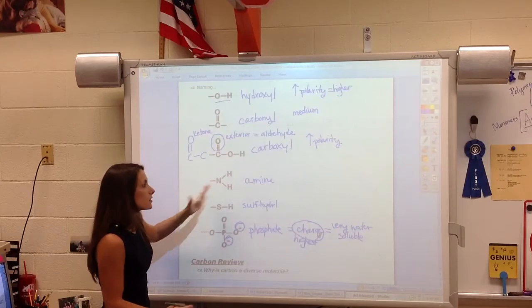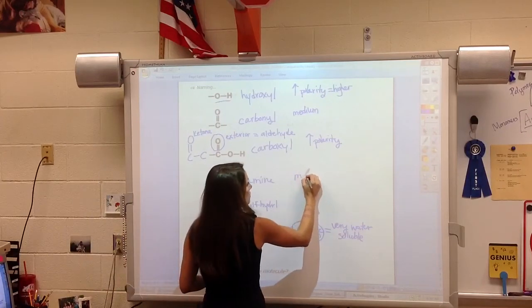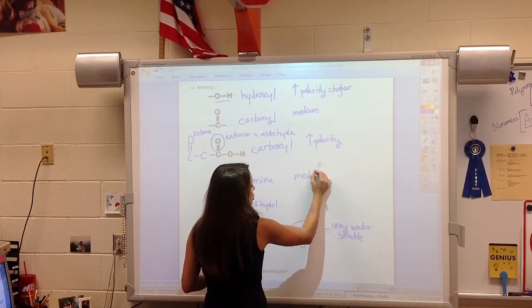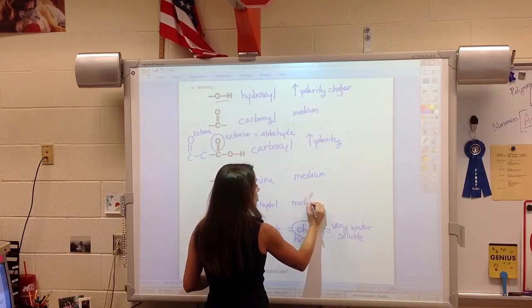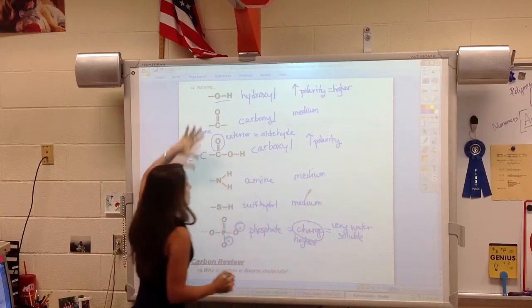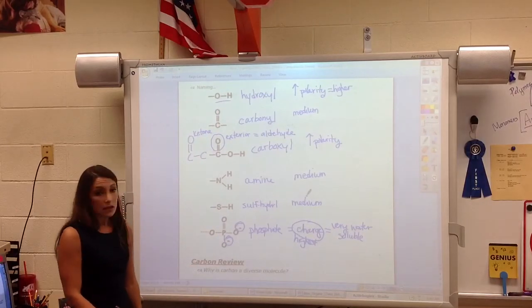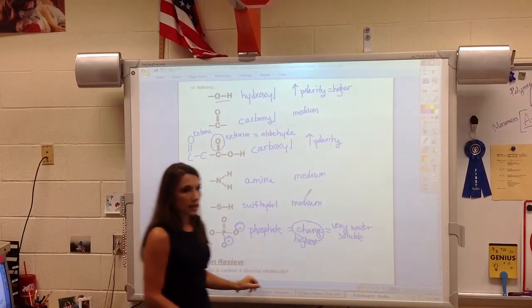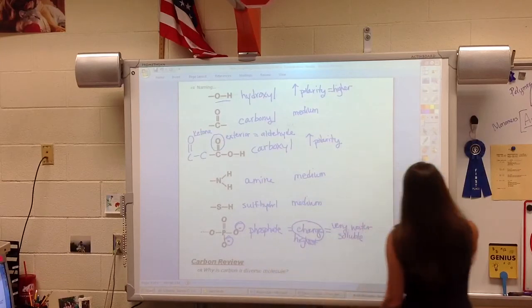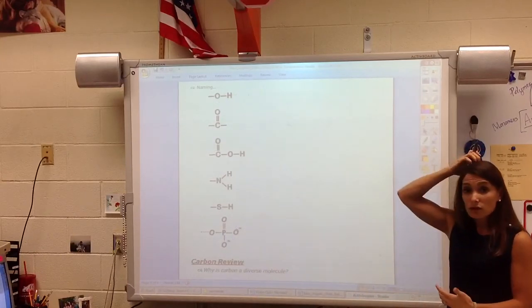The amine and the sulfhydryl are kind of medium as well. They still change the behavior of a hydrocarbon, but the ones with oxygen have a larger effect and the phosphate has the largest.